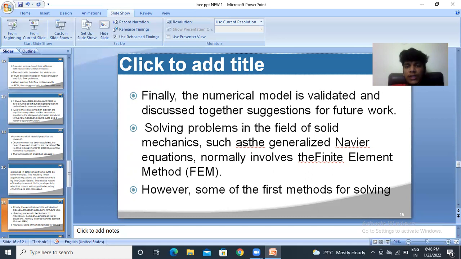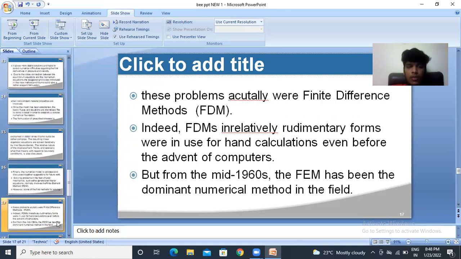Solving problems in the field of solid mechanics, such as the generalized Navier equations, normally involves the finite element method, which is nothing but FEM. However, some of the first methods for solving these problems actually were the finite difference method, which is nothing but FDM.